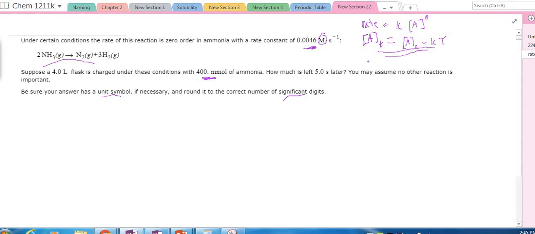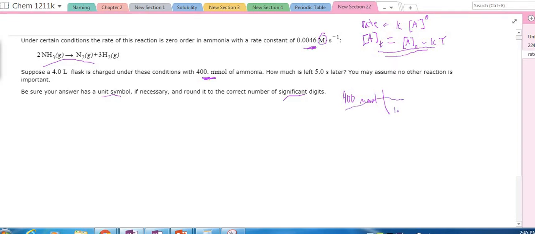I think I am pretty much ready to go here. Again, I need to find out what that initial concentration is. I have an initial amount, but I don't have that in units of molarity. So I have 400 millimoles. Units of molarity are moles per liter, so I'll convert to moles.